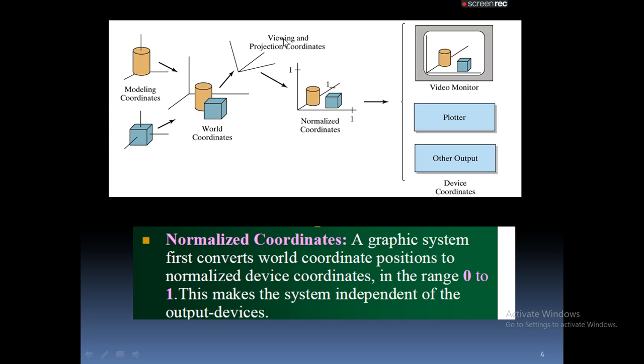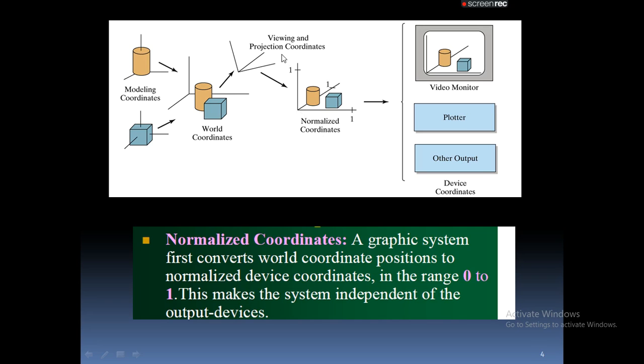Next, you need to perform the transformation from viewing coordinates to normalization coordinates. You see that I represented everything in different Cartesian reference frames, and these are all called different coordinates. Now we converted world to viewing coordinates. Next we need to convert viewing coordinates to normalization coordinates.